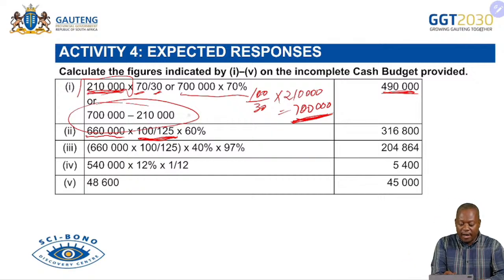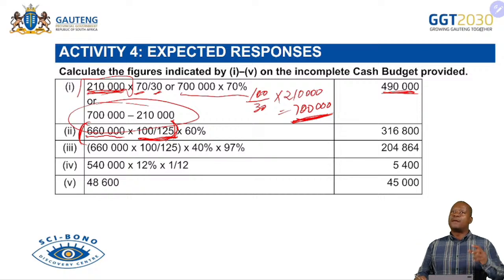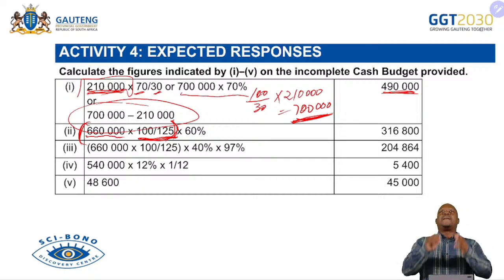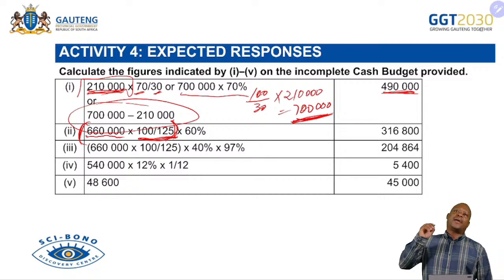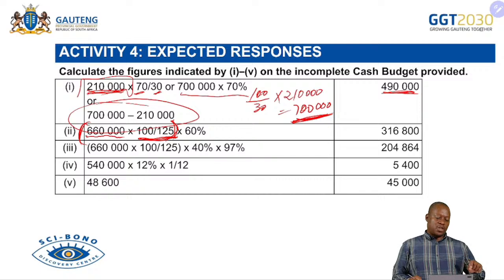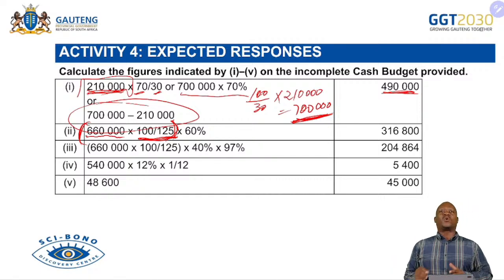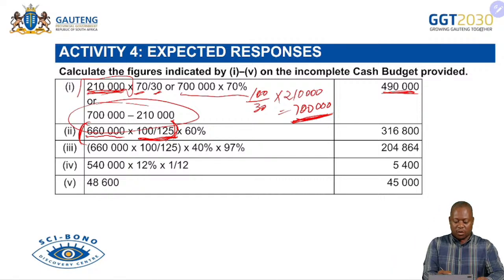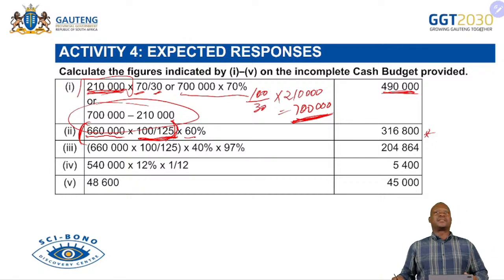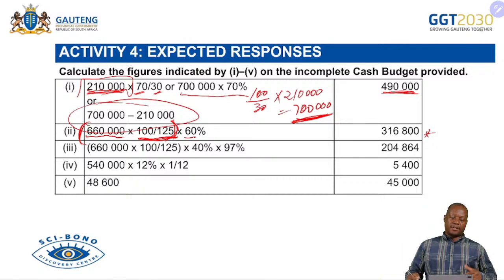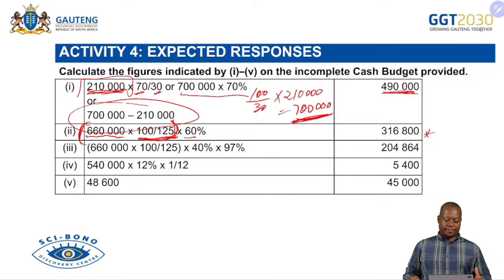And this only gives us our purchases. But remember, we are not interested in the total purchases. We are interested in our cash purchases. And according to the information, 60% of our purchases are cash. So that's why we are multiplying by 60%, and we are going to get only the cash purchases. Straightforward. Done and dusted on that one.